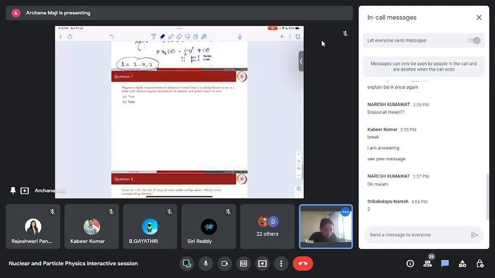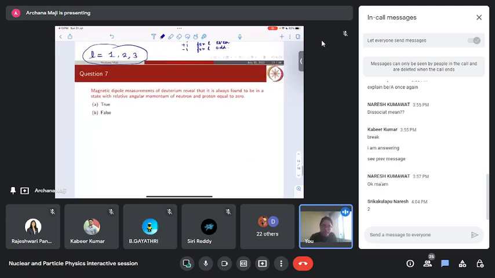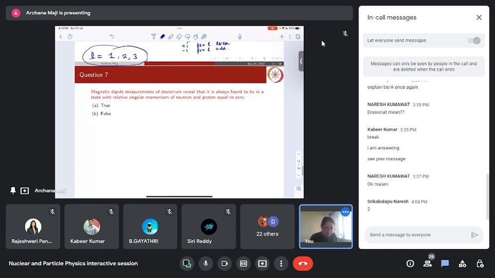Now, this question you should be answering to me. Magnetic dipole measurements of deuterium reveal that it is always found to be in a state with relative angular momentum of neutron and proton equal to 0. Is that true or false?